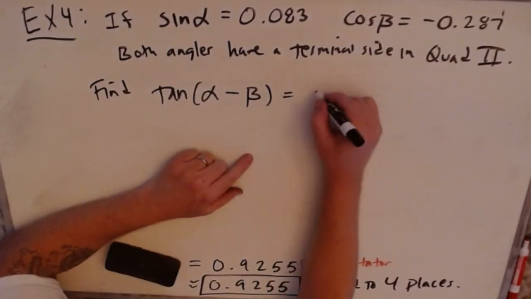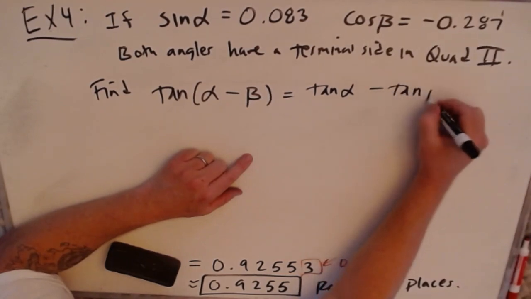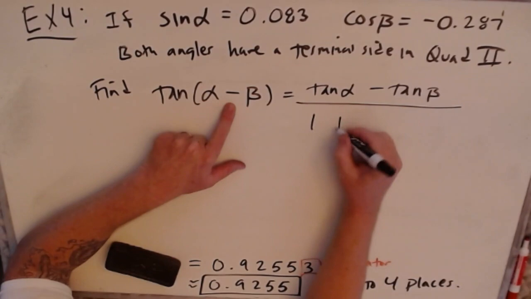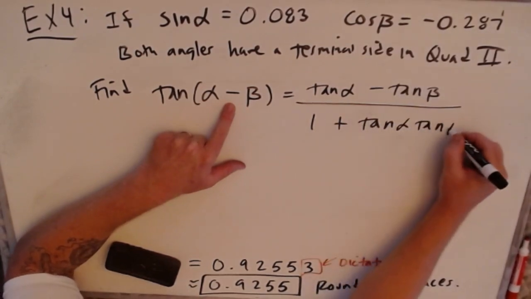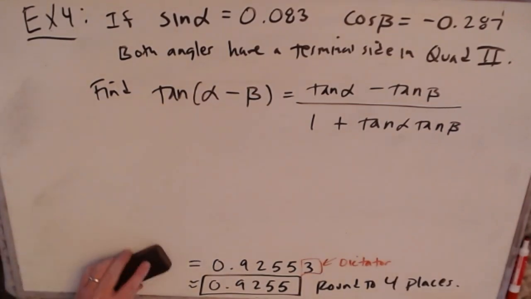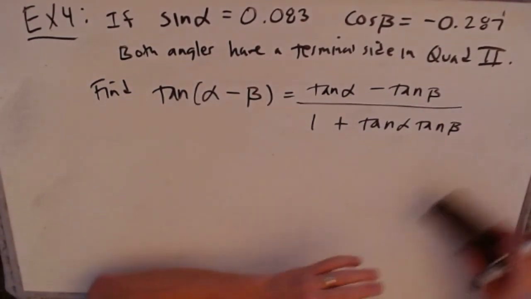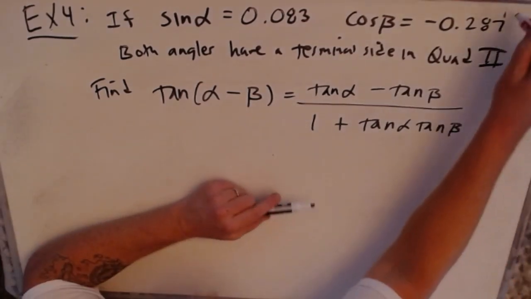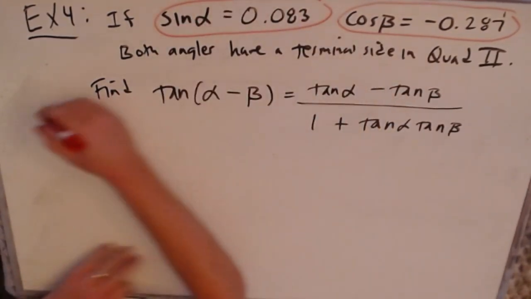Remember that formula? It's tan alpha minus tan beta over, the minus carries over, and the denominator becomes plus. Now the trouble with this problem is we have sine and cosine, but we don't have tangent.